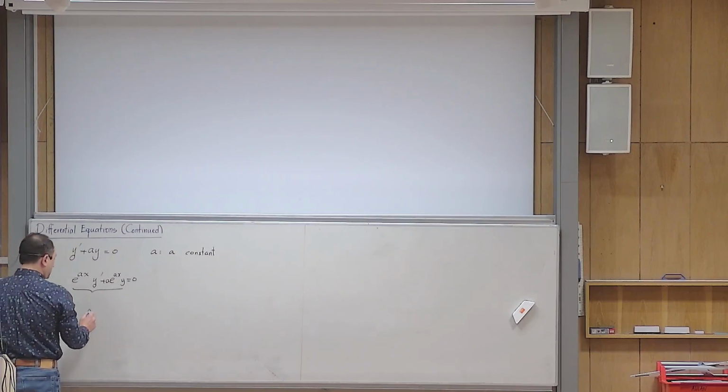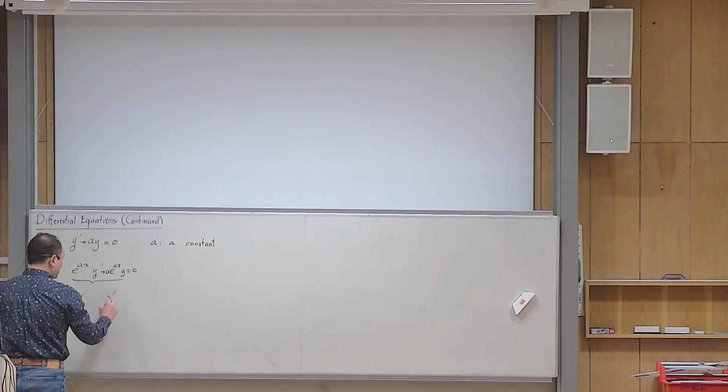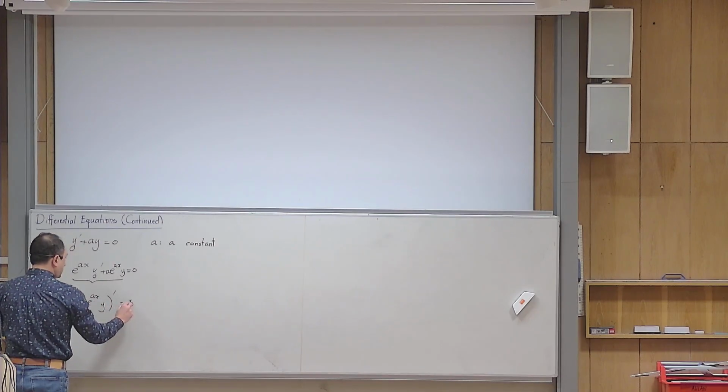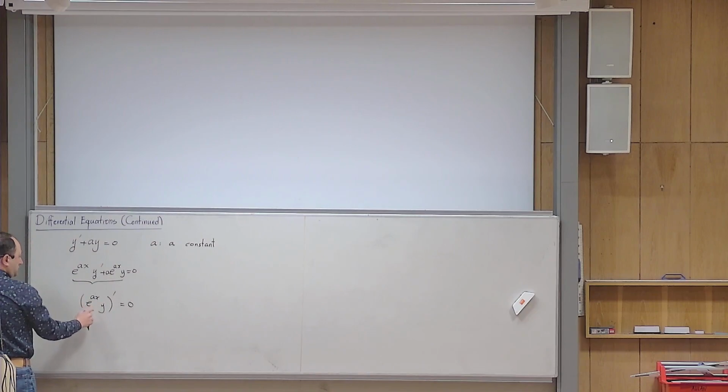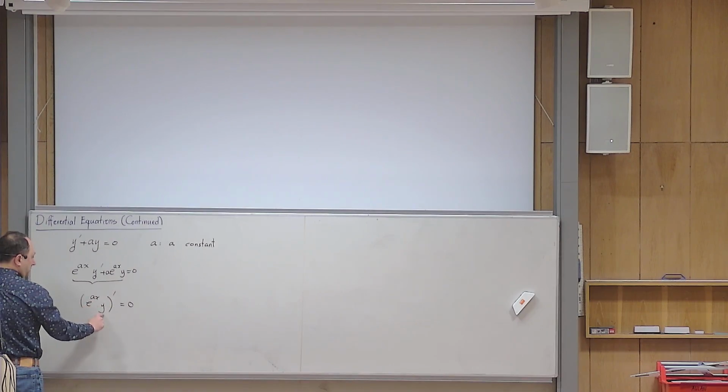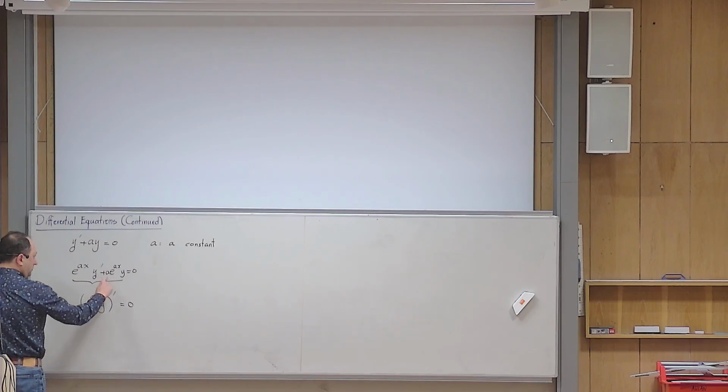If you do that, you will see that this is the derivative of this product. Why is that? If I ask you to differentiate this product, you differentiate the first one and multiply it by the second one itself. If you differentiate the first one, you get this one, and you multiply it by y itself.